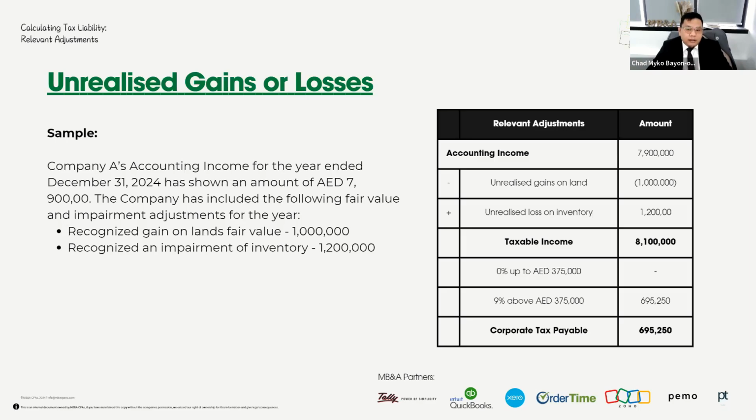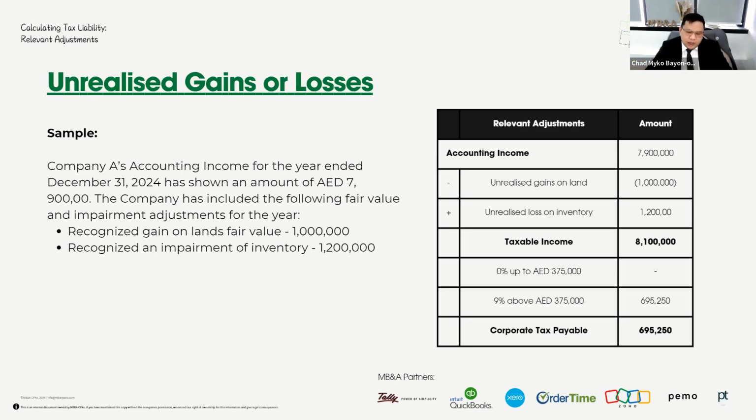revocable. Meaning, if ever you choose for realization basis, it will be realization basis for the next period of filing as well. Because you cannot do the realization basis now, and then by next year you will not be using realization basis. So you have to be consistent.